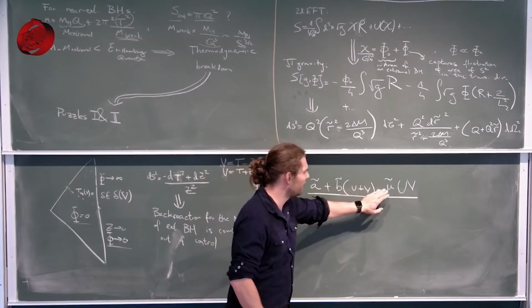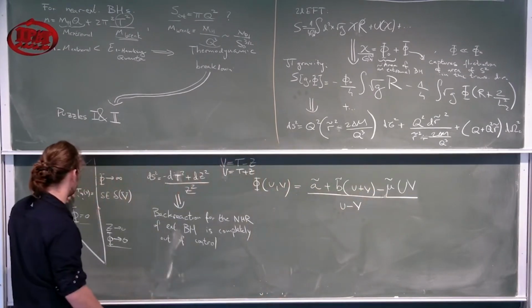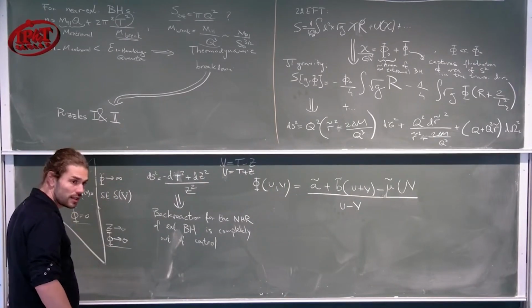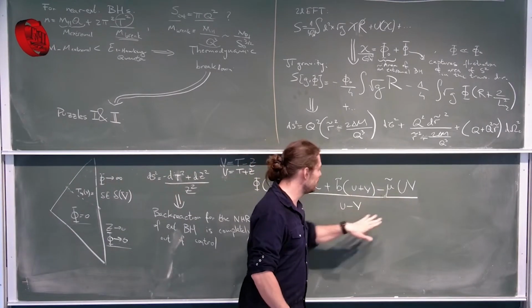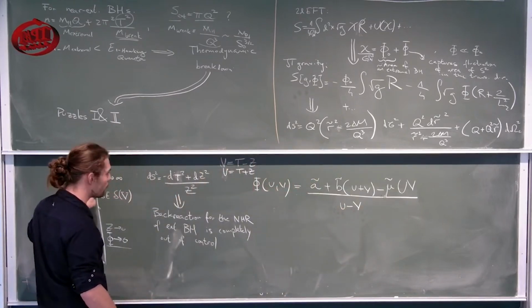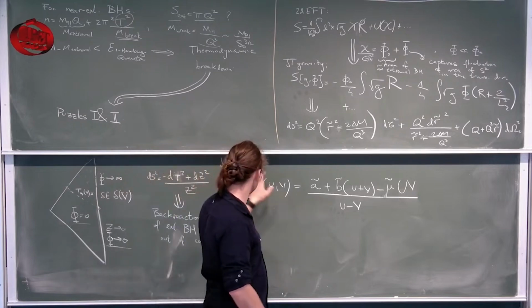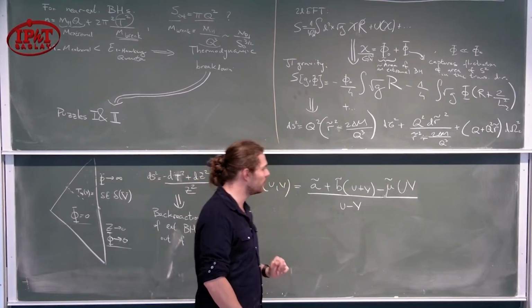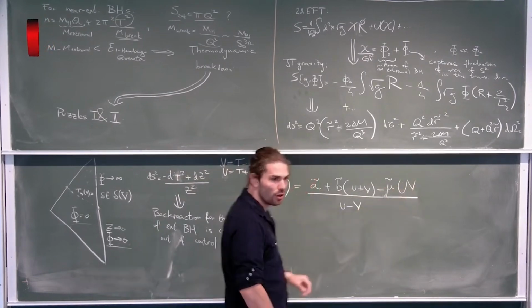In this case, I think mu tilde becomes non-zero if you turn on a non-zero energy stress tensor on this light cone. So if mu tilde becomes non-zero, you still see that as z goes to 0 on this patch, as u minus v goes to 0, this factor still diverges, right?